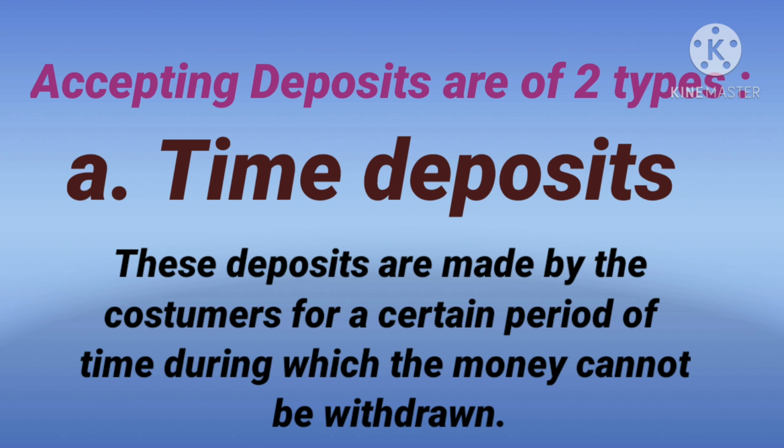Time deposits. These deposits are made by the customers for a certain period of time during which the money cannot be withdrawn. Since the money is deposited for a fixed period, the bank invests the money or gives it as a loan to another customer on which the bank earns interest.